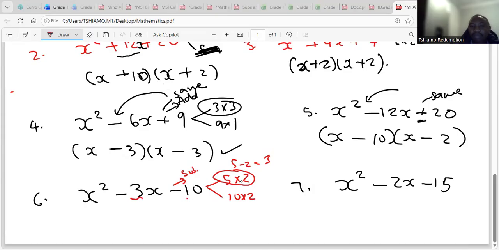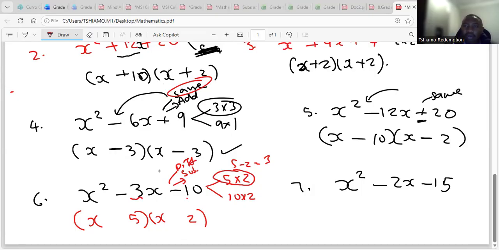Can you see? So I'm going to work with those factors there. So x 5, x 2. Now, a negative sign means what? Remember, a plus means the sign must be the same. So a negative will mean the signs in the bracket must be different. So if one bracket is a plus, the other bracket must be a negative.